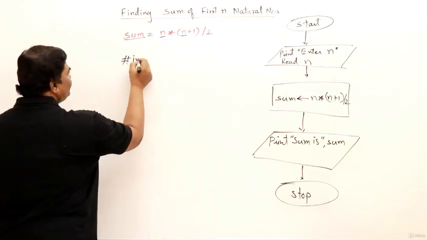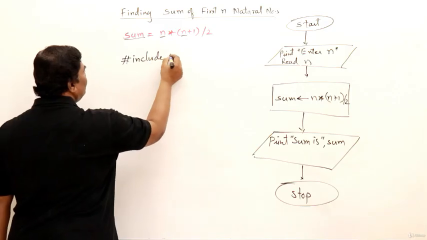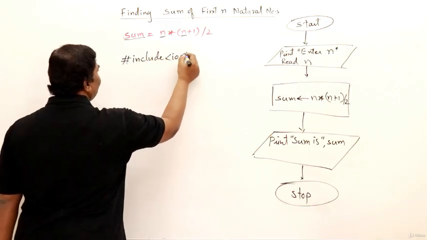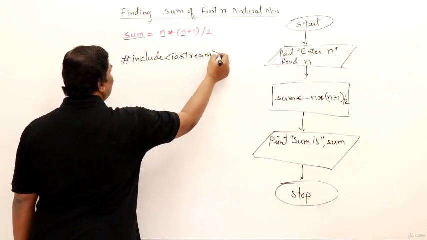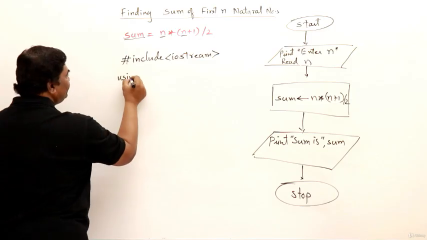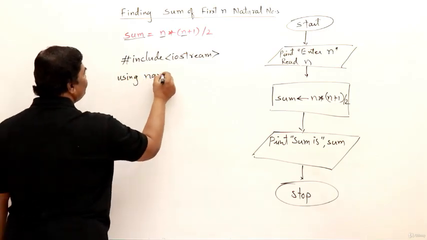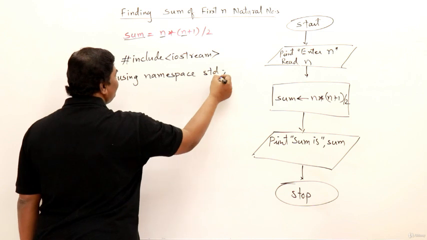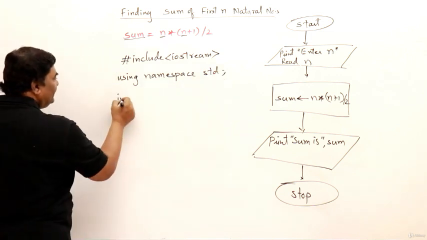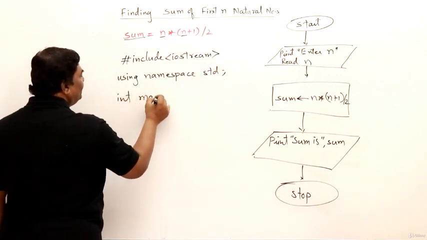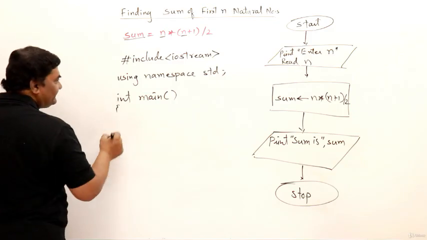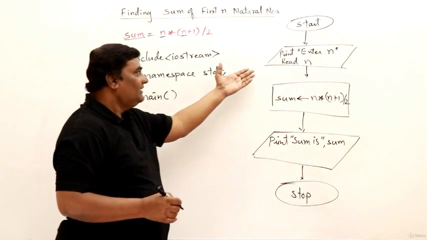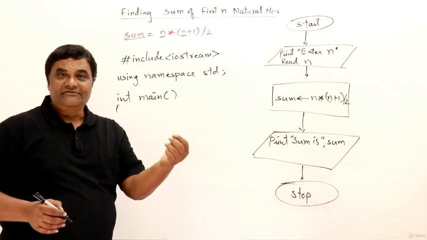Starting the program, first of all say #include <iostream>. We have to include the header file. Then using namespace std, standard, in short it is std. Then the int main function. Now inside this, first thing I should do is enter n, printf, print.